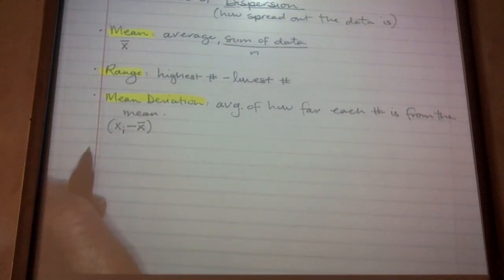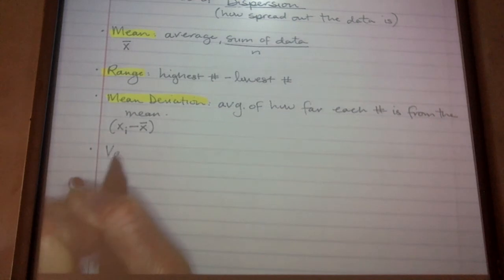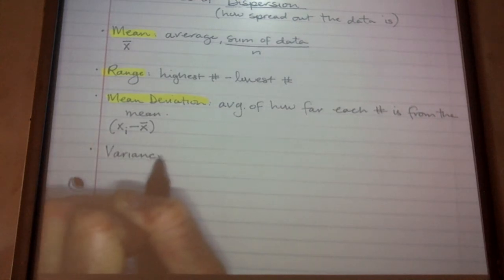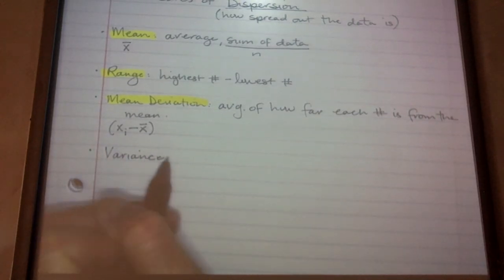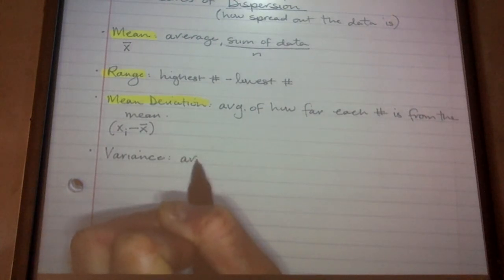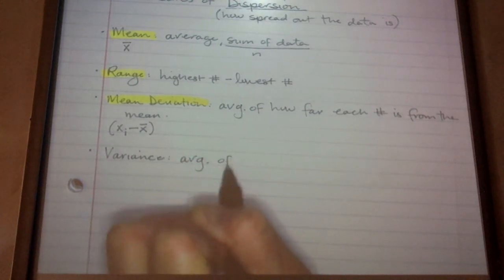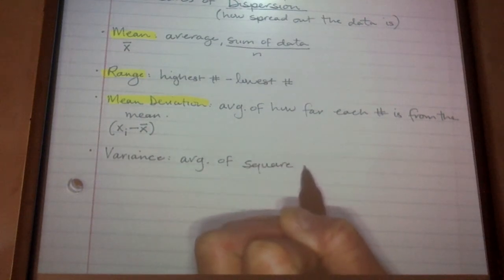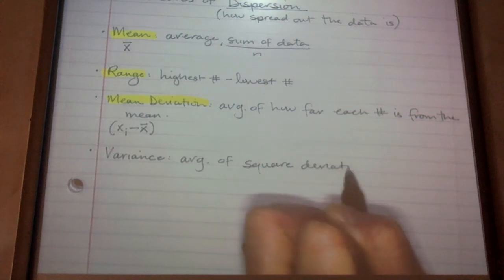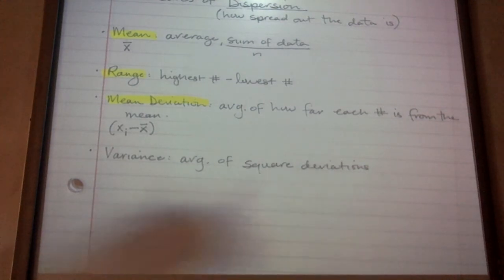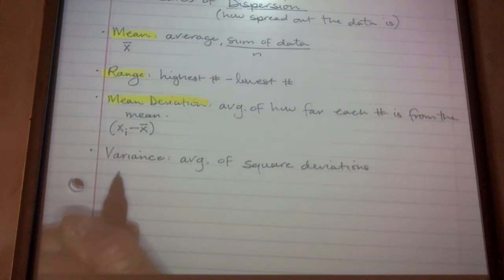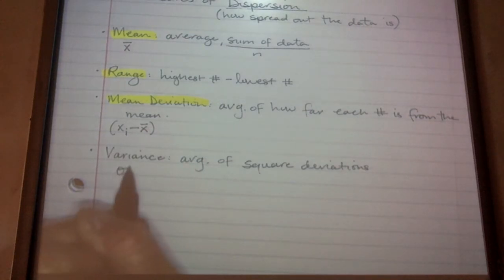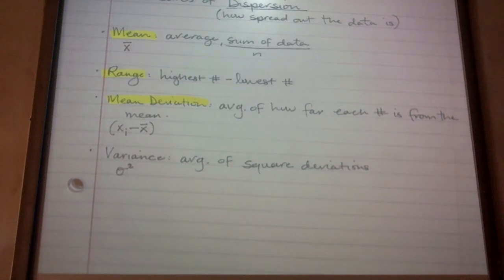The next one is variance. Now, variance is the average of the square of your mean deviations. And so it's a very long formula, and we're going to do it by hand today because I don't know if any of you have a calculator. So I'm going to show you how to do it by hand. If you get a calculator, maybe we can go over that later.